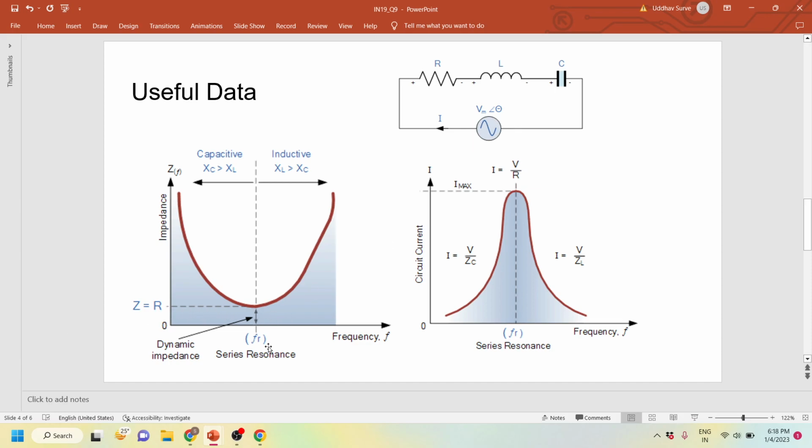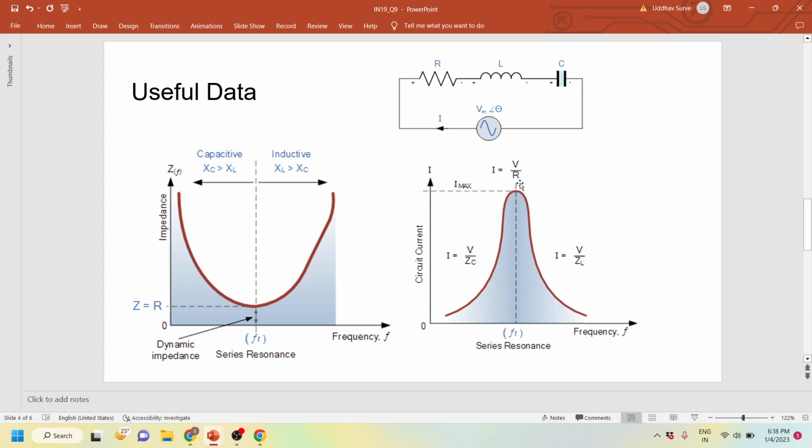Now when resonance occurs, the impedance is R, which is the lowest. That will mean that the current seen is the maximum, because when impedance is lowest, current will be V upon the impedance, and more specifically at resonant frequency it will be V upon R, because that is the impedance seen by the circuit. So current will be maximum at resonant frequency.